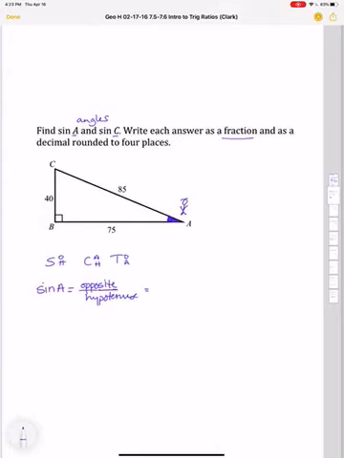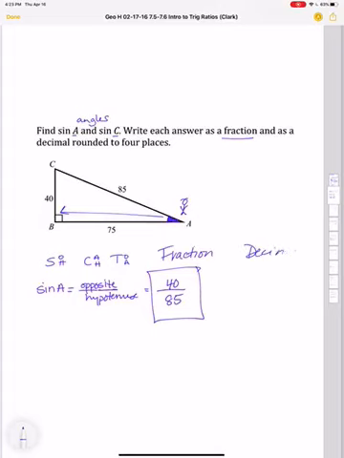So the opposite side is across from me, so that's 40, and the hypotenuse is 85. So here it is as a fraction, and if we write it as a decimal, then I'll need my calculator, and I'll do 40 divided by 85, and it says to round to 4 decimal places, so 0.4706.